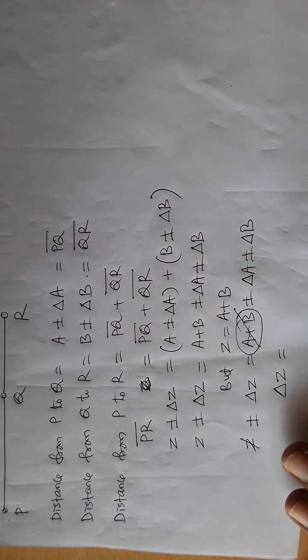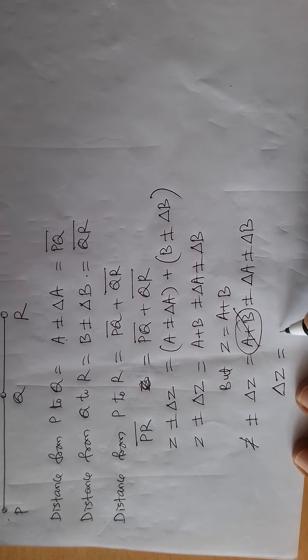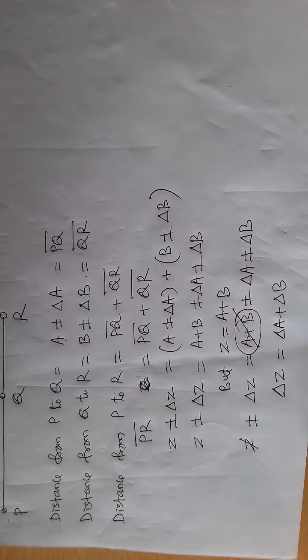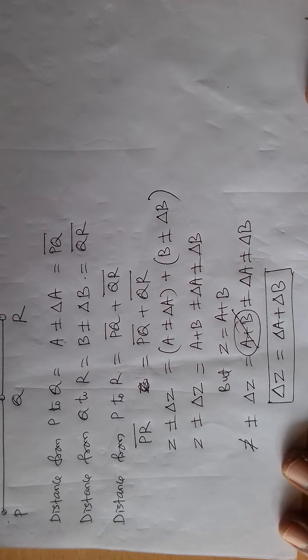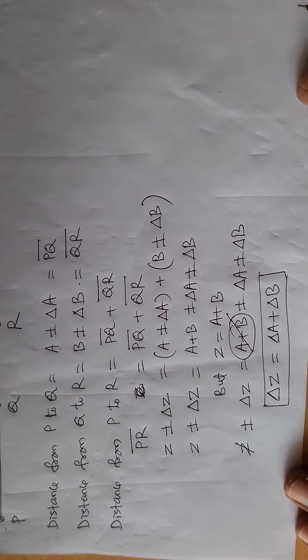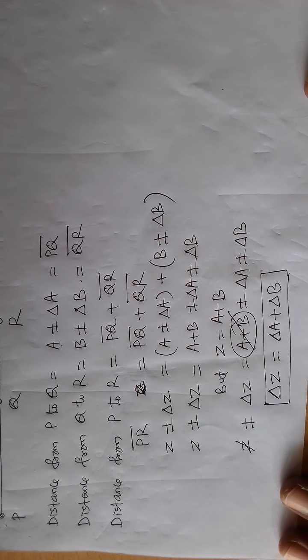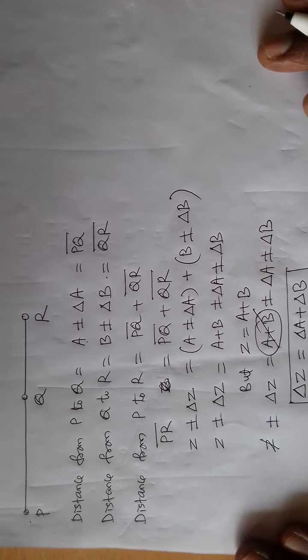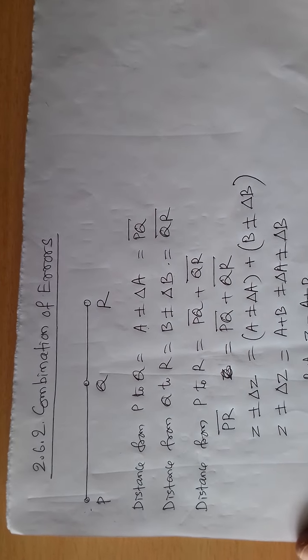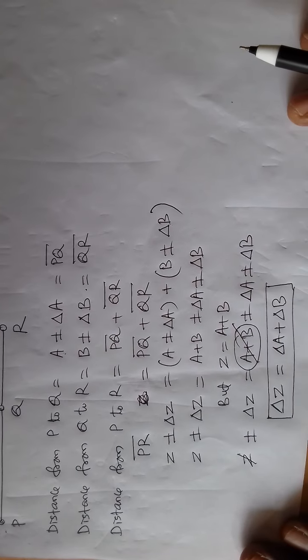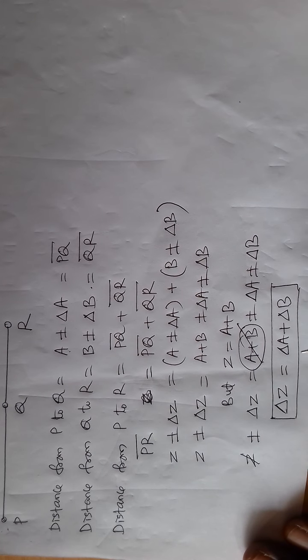But see here, delta A plus delta B. So what result we got? See, the net error in measuring the distance from P to R is just the sum of individual errors.